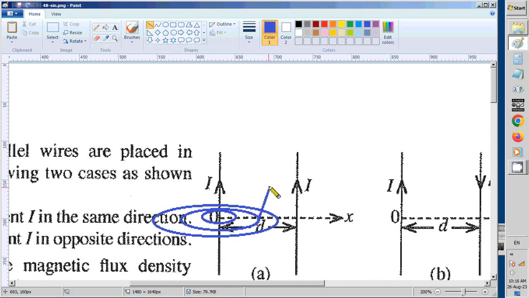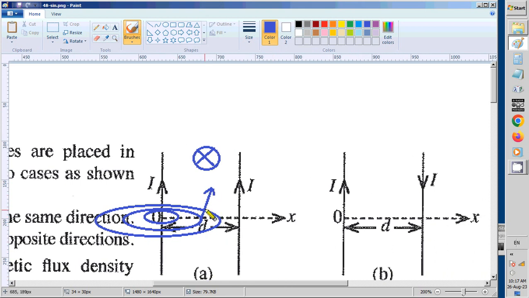We have to draw a cross, like this cross, because we see the back side of the arrow entering the paper or this screen, perpendicular to the paper. Actually we see this one, but in 3 dimensions we can do it like this.